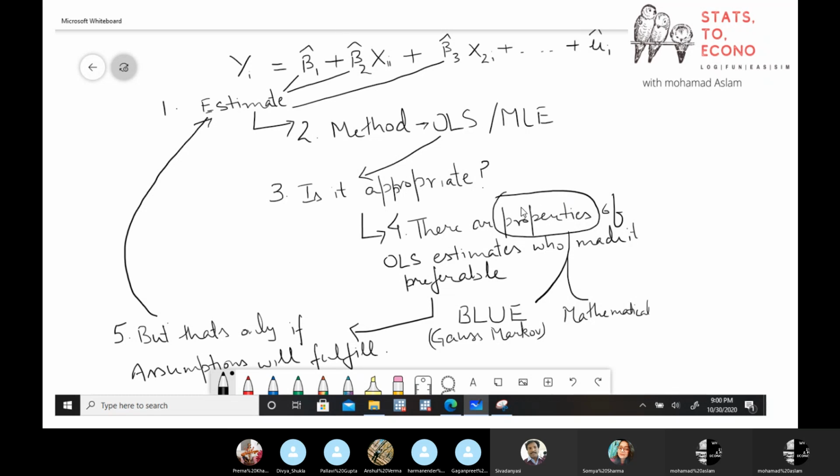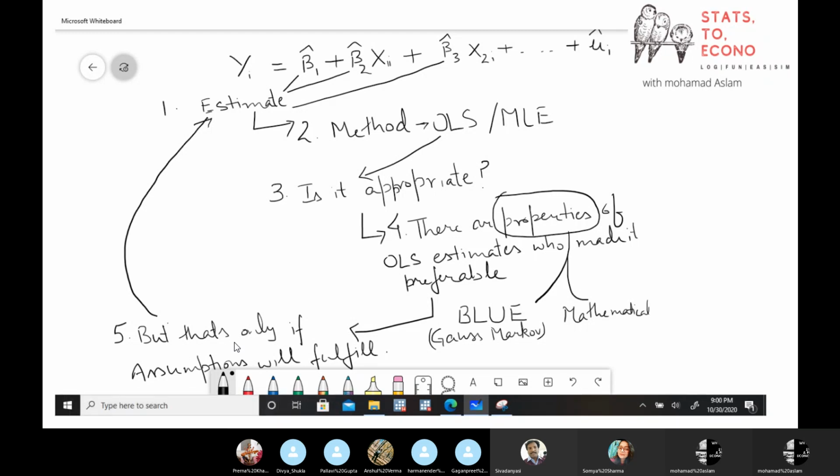There are a few properties proved for this method, and with those properties we can decide whether this method is appropriate for deriving the estimates or not. But those properties will only be fulfilled if the assumptions of this method are fulfilled.